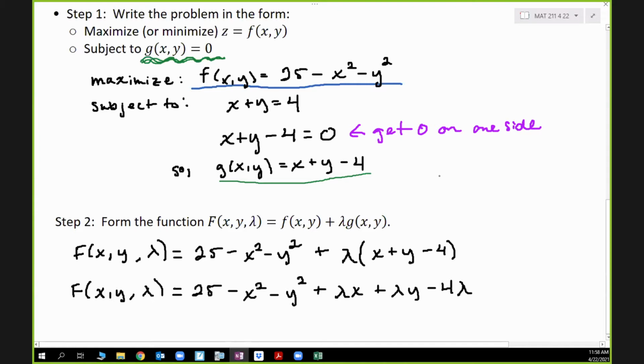But it's basically a way to figure out where our function can be at its biggest, still keeping with this constraint that we have.